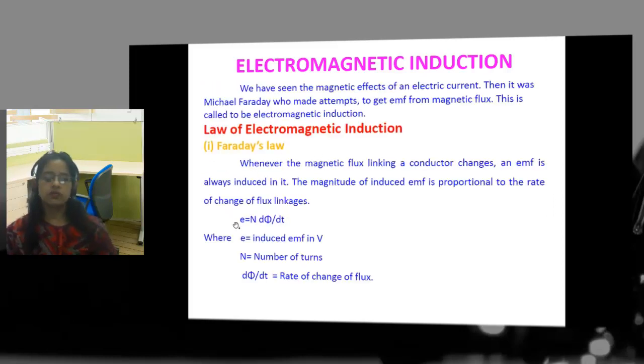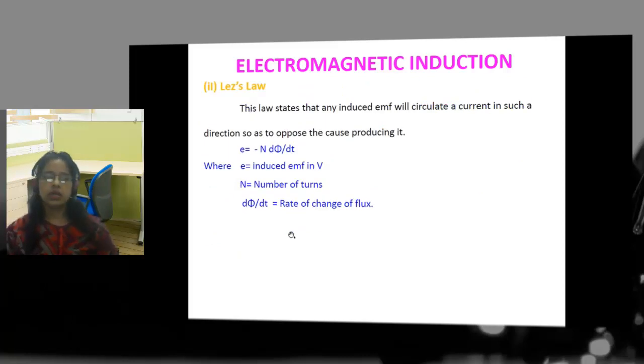This was Faraday's law. Faraday said that the EMF induced will be proportional to the rate of change of magnetic flux. What Lenz's law says is that the polarity of the induced EMF will be such that the direction is opposite to the cause producing it.